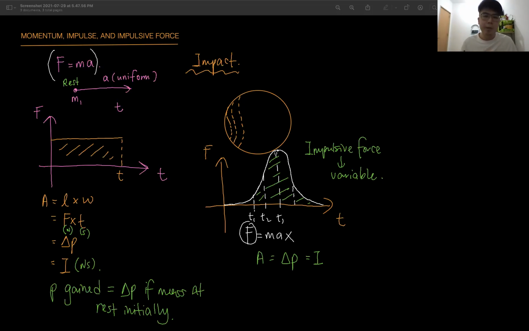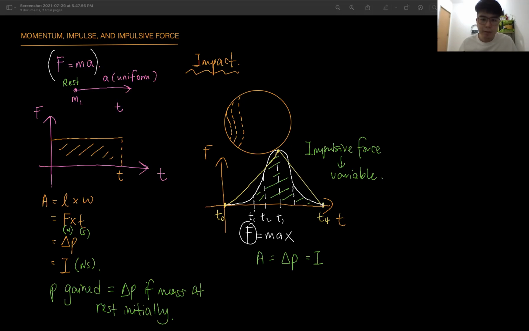What we do is we take the peak, we draw this is the time T. Let's call this T0, and this is T4. This is the duration where the force acts, from the moment it starts to deform to the moment that the force tapers off. Here, we can draw a triangle like this.